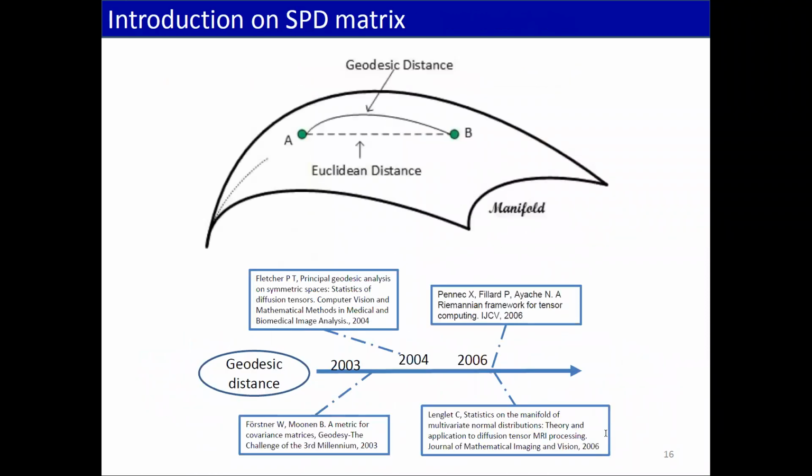I just give a very brief introduction. The geodesic distance method was proposed during 2003 to 2006. It's mainly studied by researchers from the area of medical image analysis.